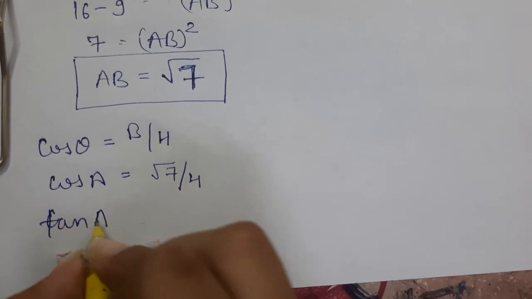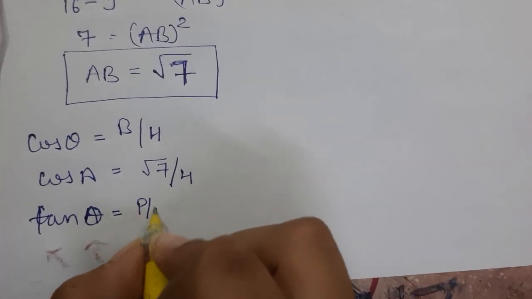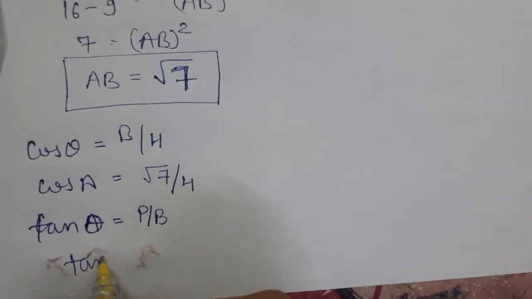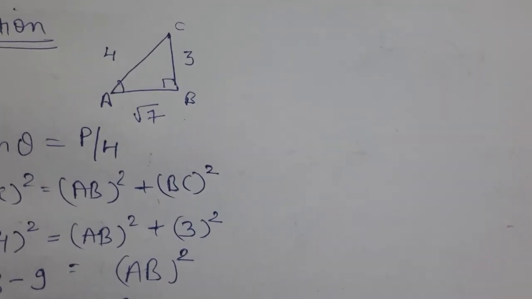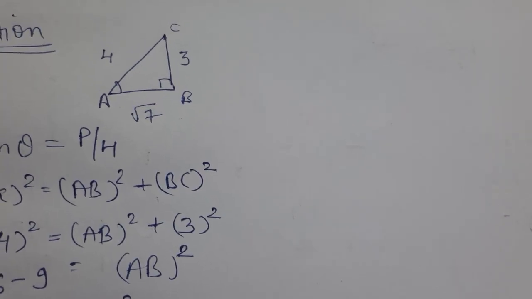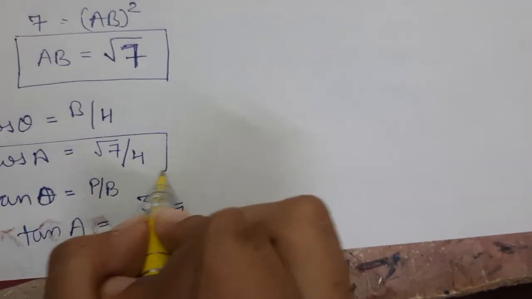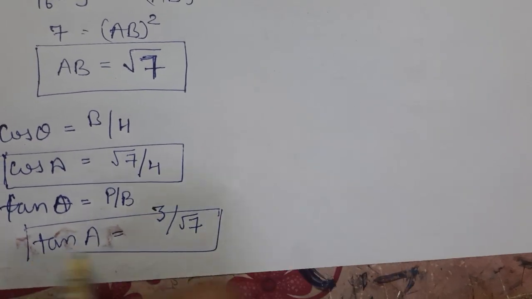And for any tan theta we know that it is always perpendicular upon base. So here for tan A, the perpendicular value is given to us as 3 and the base we have just calculated. So cos A is root 7 by 4 and tan A is 3 by root 7.